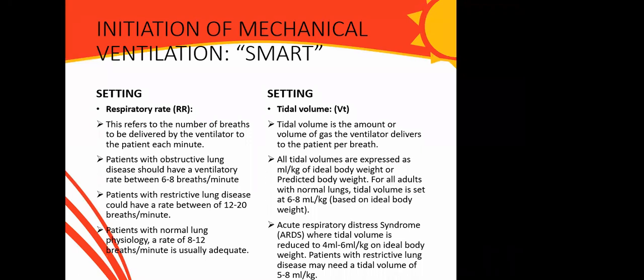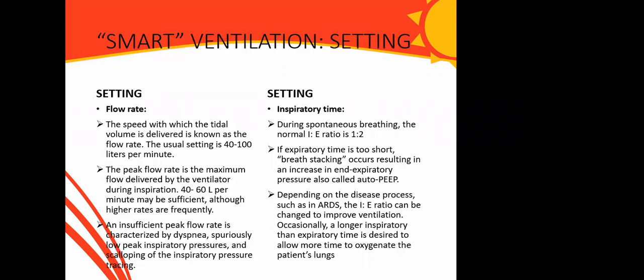For patients with acute respiratory distress syndrome, because of the friable lungs, sometimes you want to go as low as 4 to 6 mil. In my practice, I don't usually go below 6 mil, no matter what. But patients with restrictive lung volume may need a tidal volume of between 5 to 8 mil per kg.